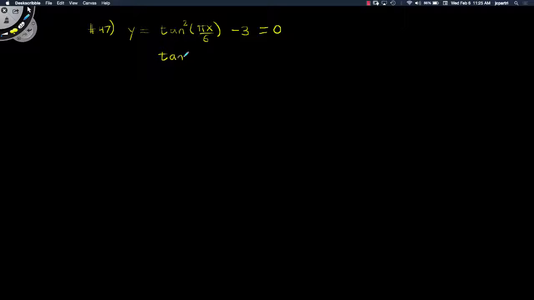Because that's what it means to find the x-intercepts: set f of x equal to 0. So tangent of pi x over 6 equals plus or minus square root of 3.